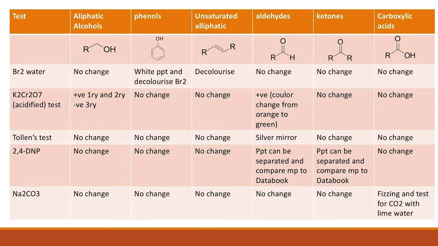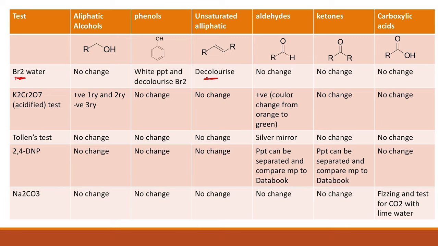The chemical tests for identification of functional groups: this is a table that summarizes everything for you. Remember that bromine water can be used to identify unsaturated aliphatic compounds. The unsaturated ones can be either alkenes or alkynes, the ones with triple bonds as well. It decolorizes the bromine water.